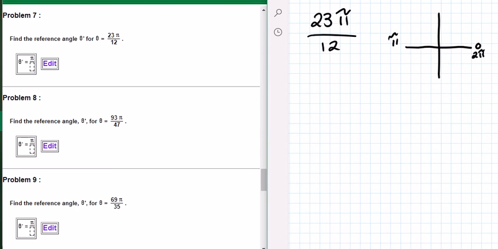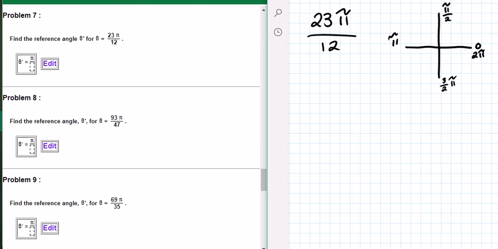I know that halfway to pi is pi over 2, and then between pi and 2 pi is 3 over 2 pi. And I kind of use these values to figure out which quadrant these angles are going to fall into.